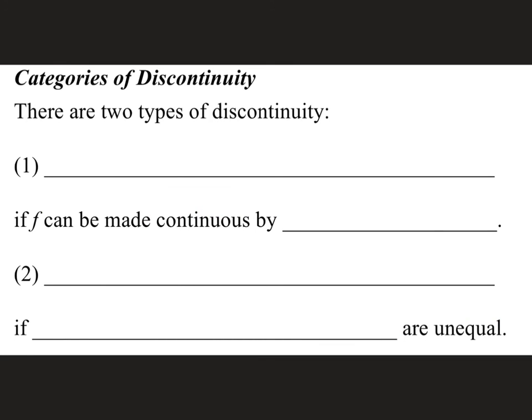So sometimes, either looking at a graph or going through the steps from our last slide, we do end up with a function that is discontinuous. And there are two different ways that we can have a discontinuity, two different types of discontinuities. So the first one that we have is what's called a removable discontinuity.